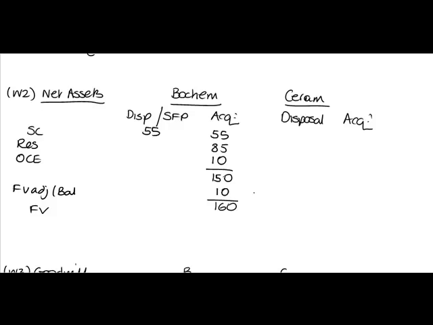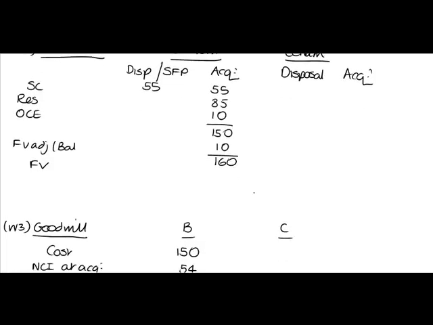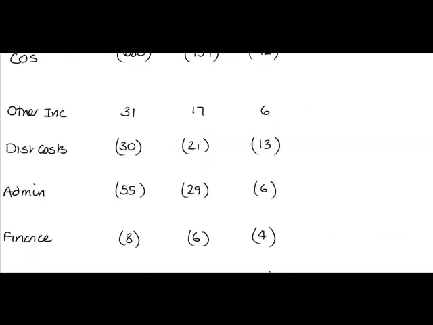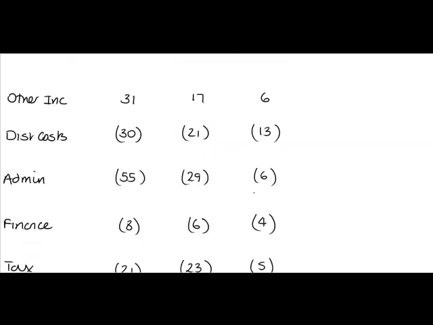Which is depreciated on the straight line method and has a 5-year remaining life. Well, how much depreciation is that going to be? It's going to be 2 million each year. So, because it's going to be 2 million each year, it's going to be 2 million in the income statement.